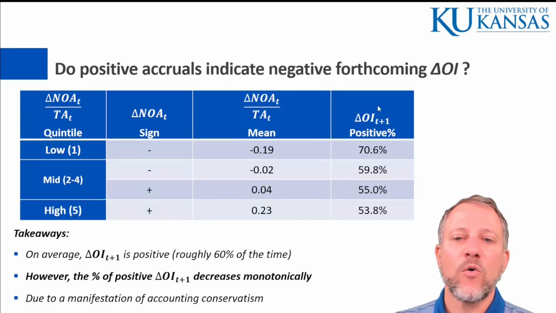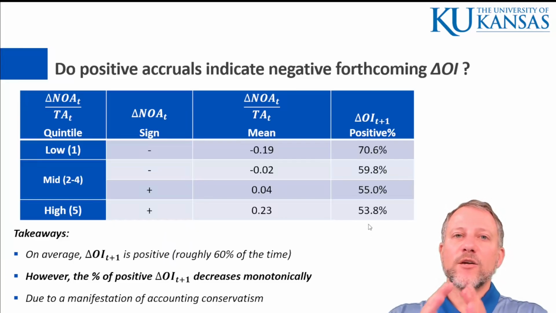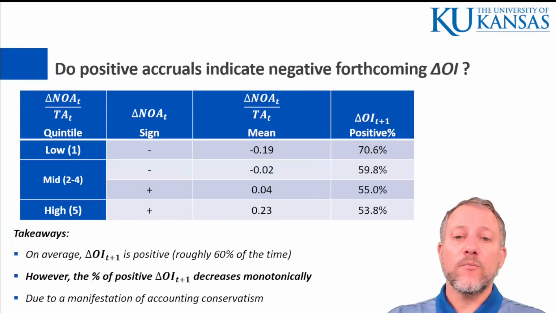Then our question is, how do changes in operating income next year in the future vary across these groups? The first thing that you'll see is that, in terms of first order effect, big picture, most companies are increasing their operating earnings from year to year.